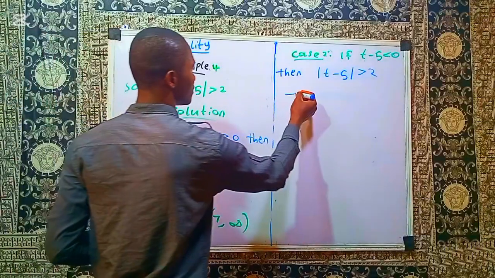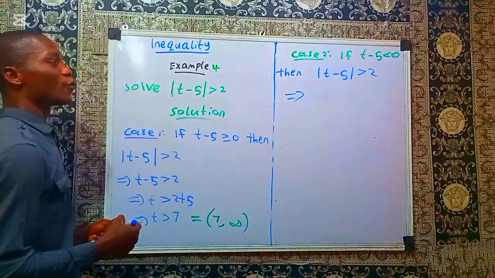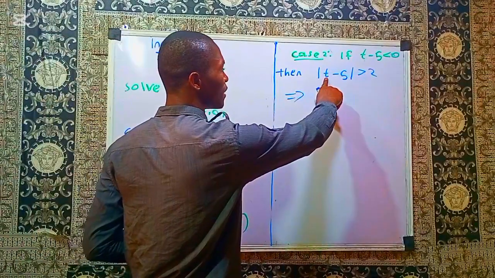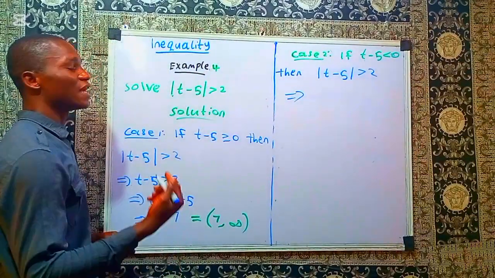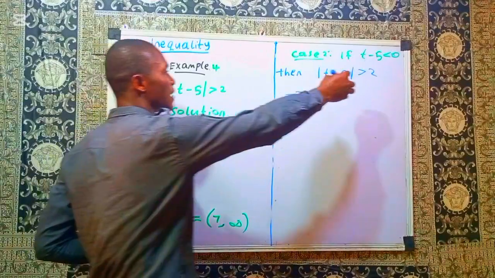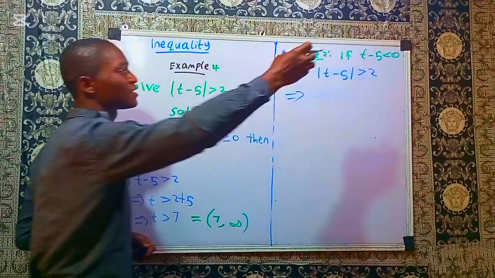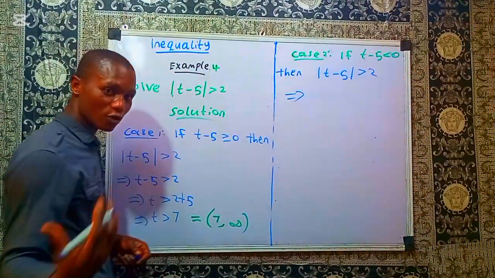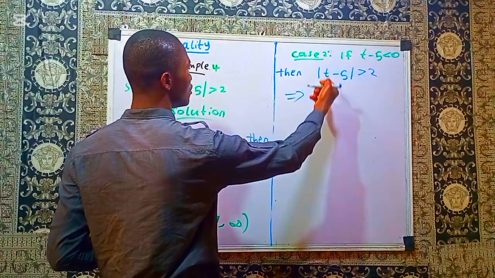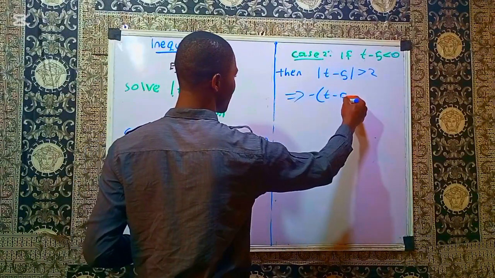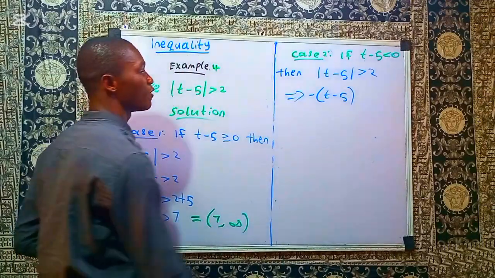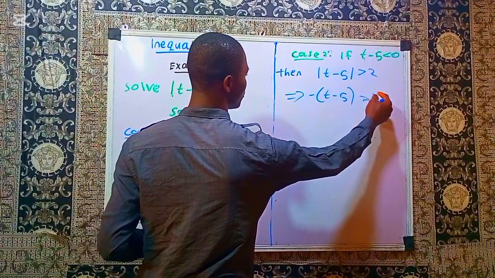We are assuming that this quantity inside the absolute value is negative. Then by definition, the result of the absolute value is minus of that quantity inside the absolute value. So you are going to have minus of t minus 5, greater than 2.